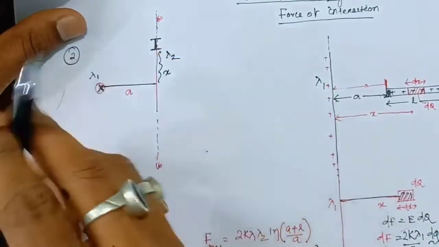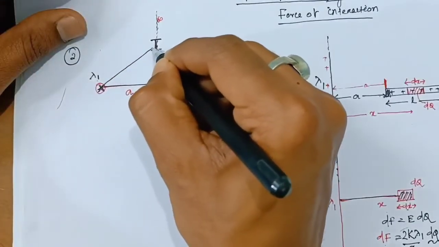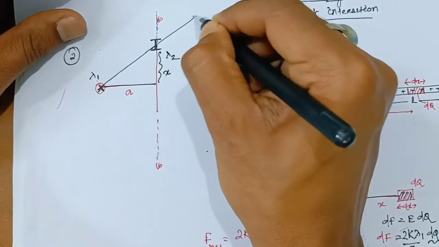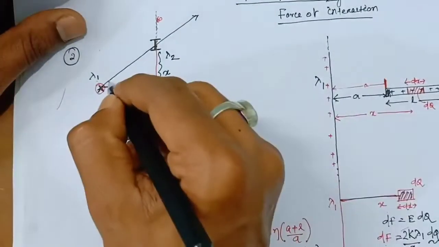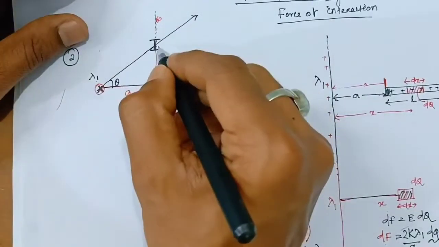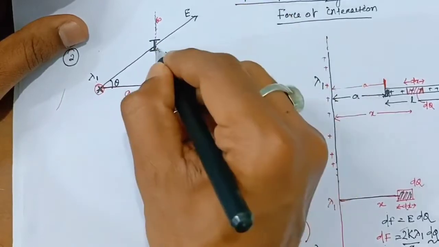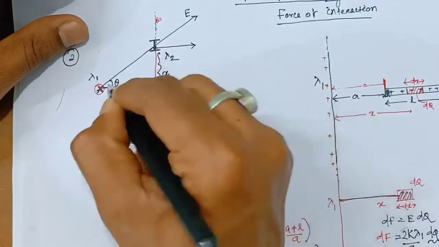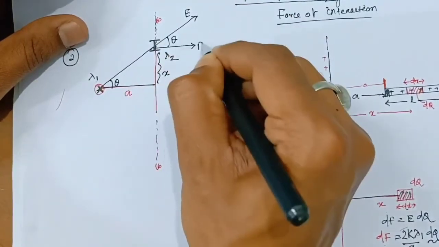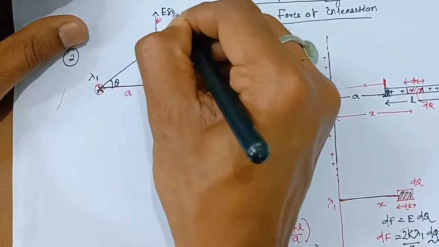If this is my rod, an infinite rod, the electric field will go like this, and it makes an angle theta. How many components of electric field will be generated? This is my electric field. There will be two components here: if this is theta, this is E cos theta, and this is E sin theta.